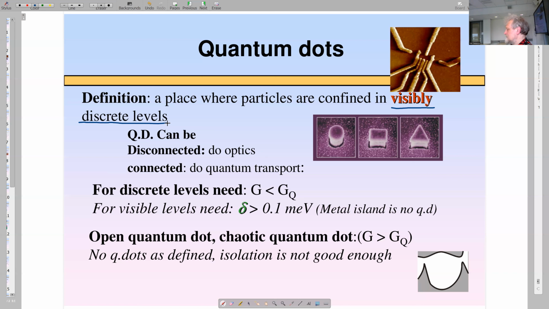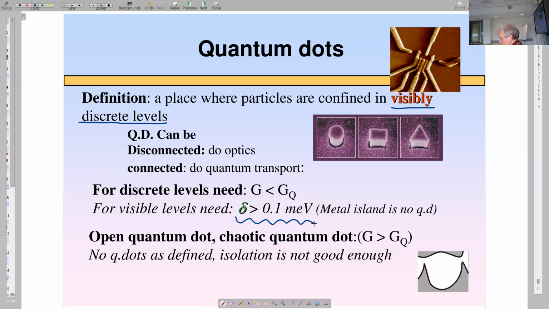So the practical value at the moment is something like 100 microelectron volts, and many dots, which are artificially made structures, have a level spacing of this order.